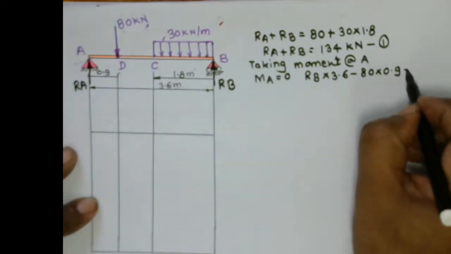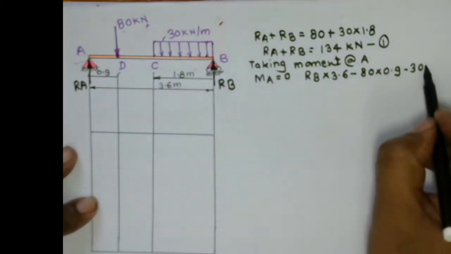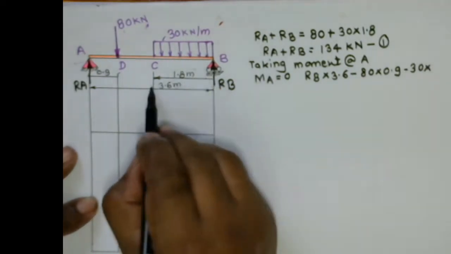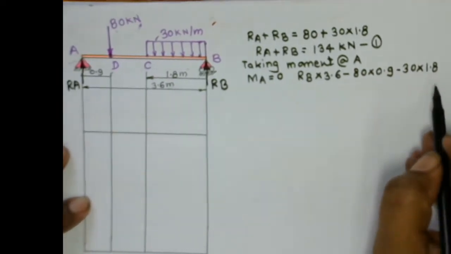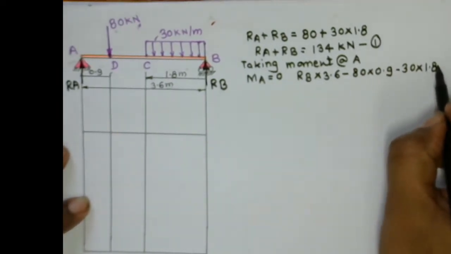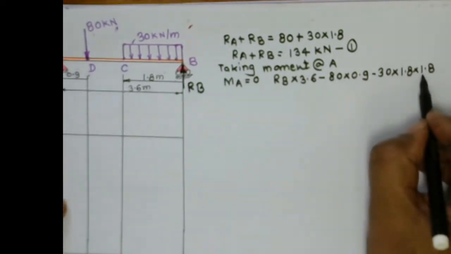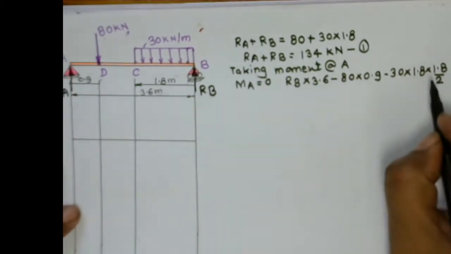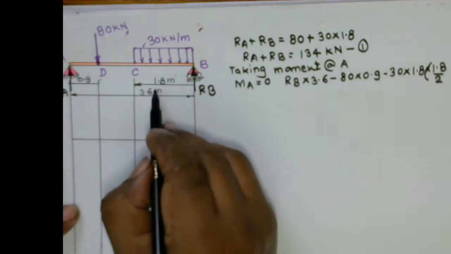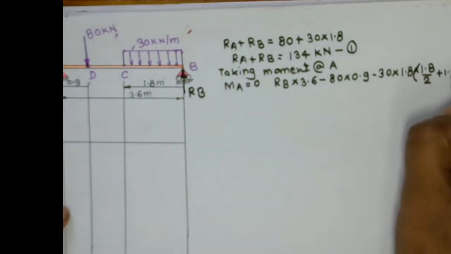Now I am considering the UDL, that is 30, and its span is 1.8 and it lies at the center of the span, that is 1.8 by 2, plus 1.8.